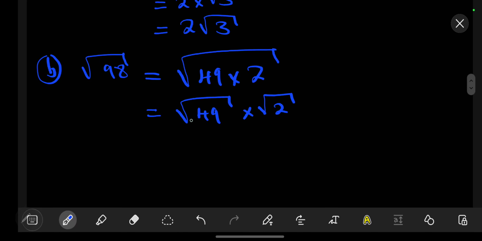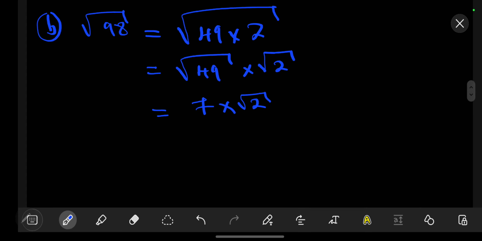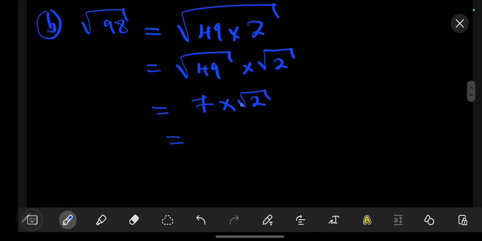The square root of 49 gives us 7, times the square root of 2. Finally we have 7 square root of 2. That means we have simplified that one.